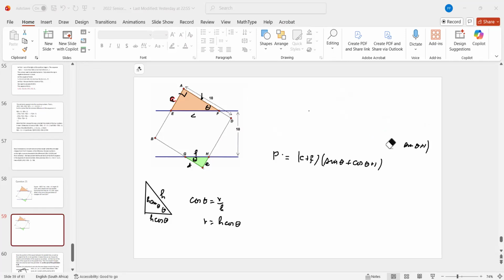So I'll just record this formula: P equals c plus f into sine theta plus cos theta plus 1. Okay.